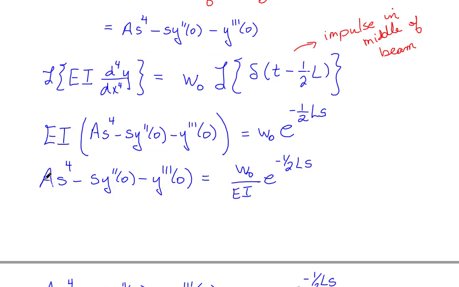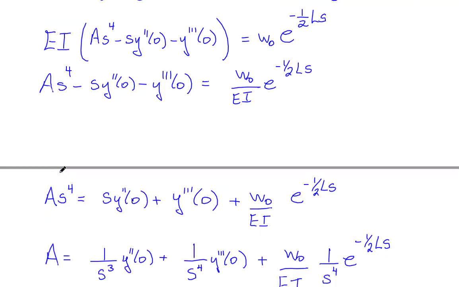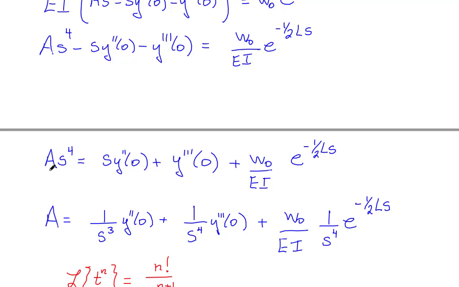Now I'm going to start getting this s to the fourth alone, so I'm moving my y double prime at 0 and y triple prime at 0 to the right. And now I'm going to multiply by 1 over s to the fourth power. It'll cancel this s, giving me s cubed. I've got an s to the fourth, another s to the fourth on this term.